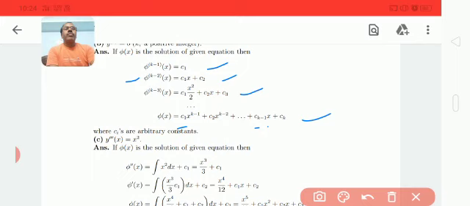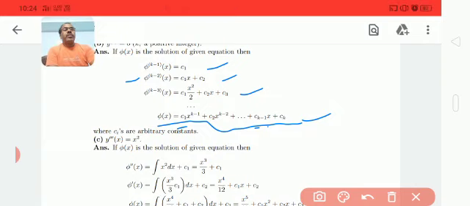So this function phi of x will be a solution of this kth order differential equation. Here in this expression all ci's are arbitrary constants.